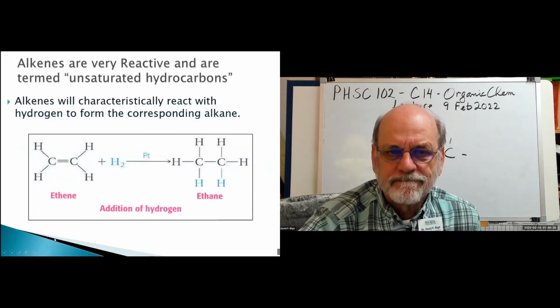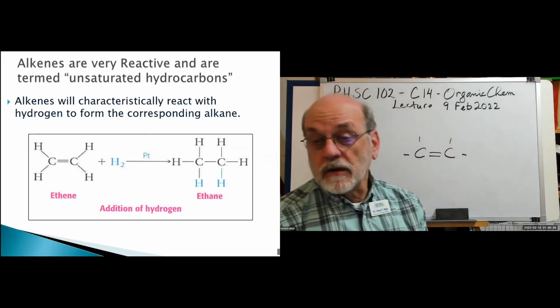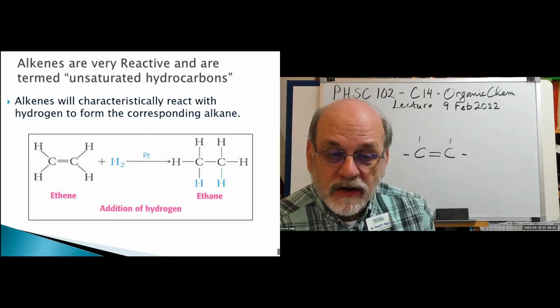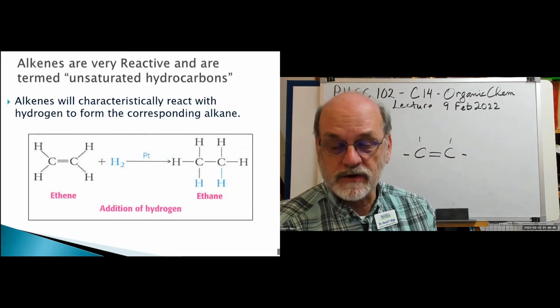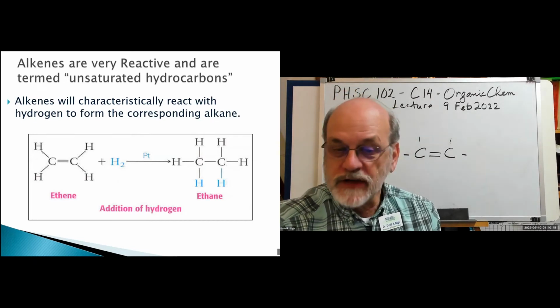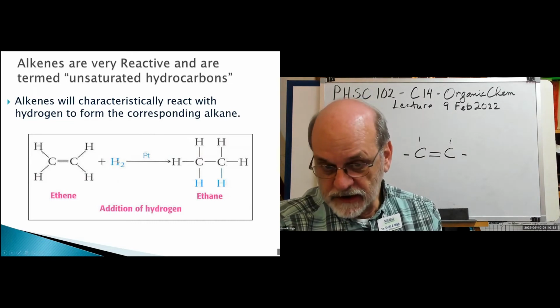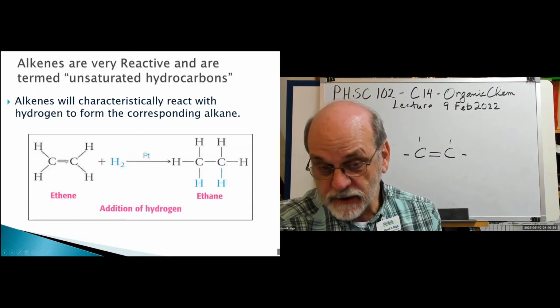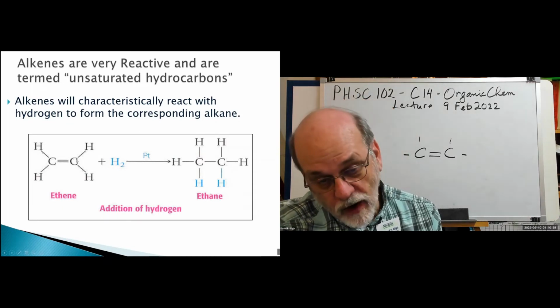Okay, so what is it about alkenes? Well, you can make an alkene from an alkane, or you can go backwards. You can add those hydrogens back to this alkene. You can insert those hydrogens into this place and put one hydrogen on this carbon and one hydrogen on that carbon.